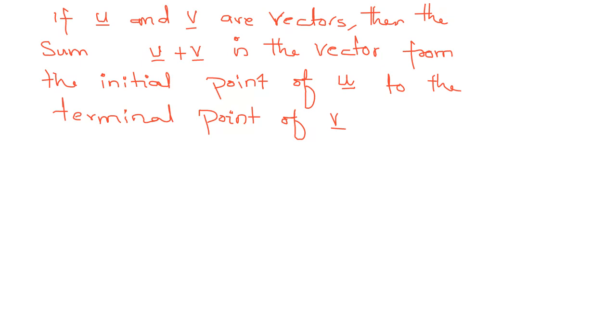For example, you have one vector, this one. The second vector you can add like this, because the head of the first vector should touch the tail of the second vector. So the resultant vector will be like this: the tail of the resultant vector will touch the tail of the first vector, and the head of the resultant vector will touch the head of the second vector.